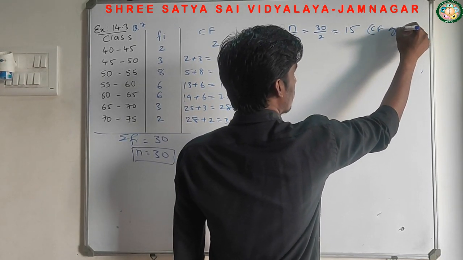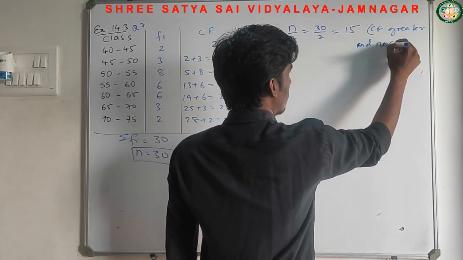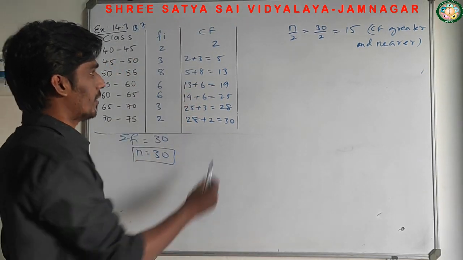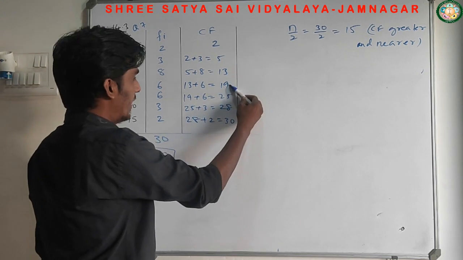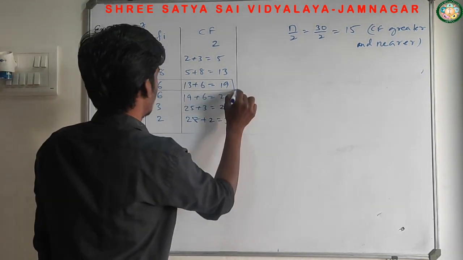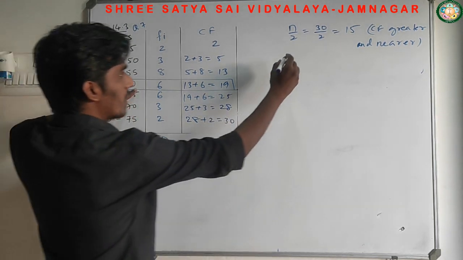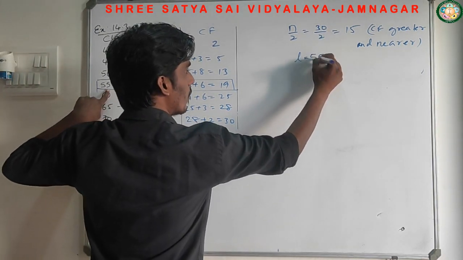Now we need the CF that is greater than or nearer to 15. So which CF is greater than 15 or nearer to 15? 2, 5, 13 is nearer but not greater. So 19. So this is the median class, 55 to 60. From this I get the value of L, which is 55.